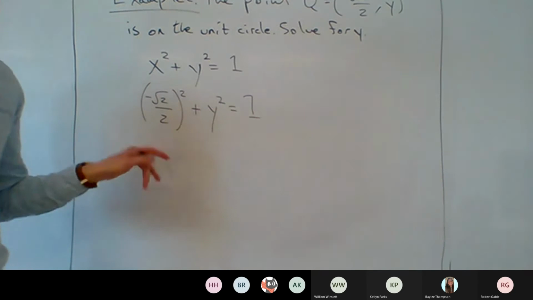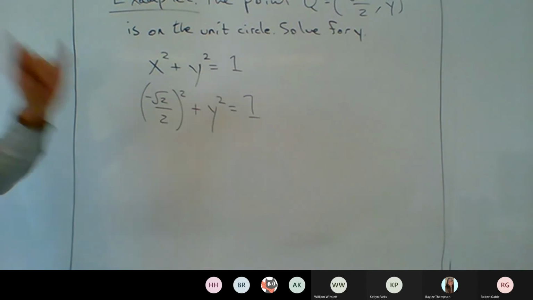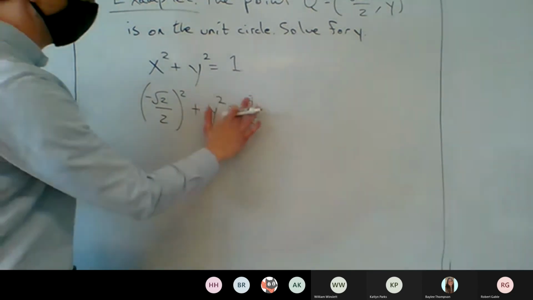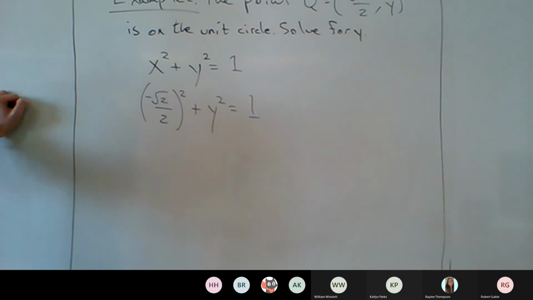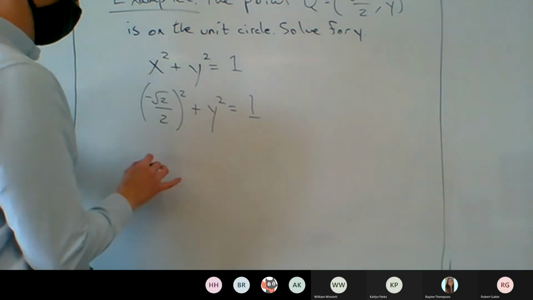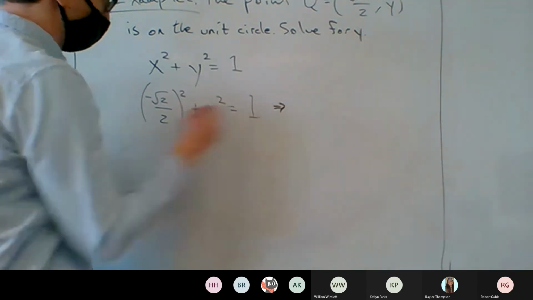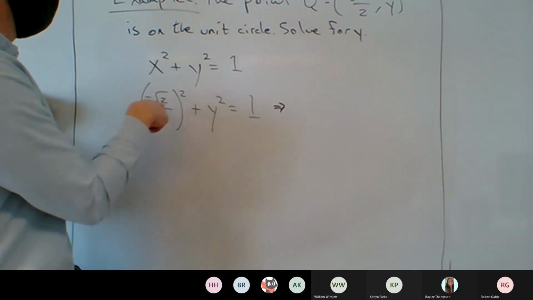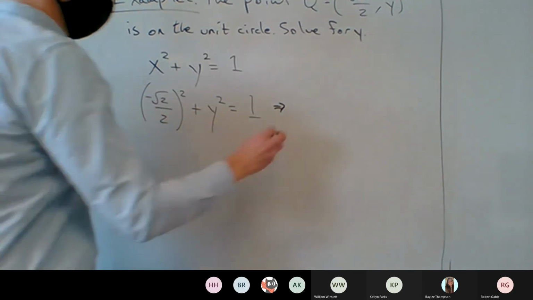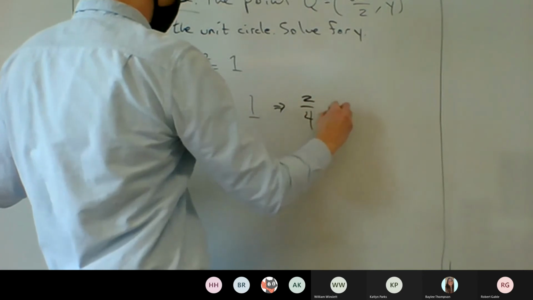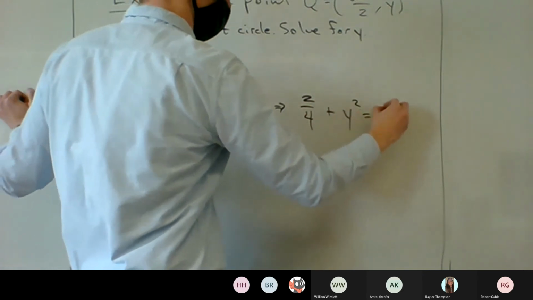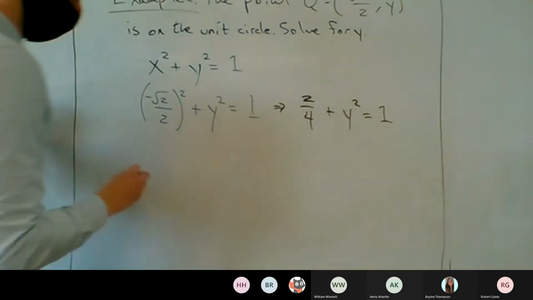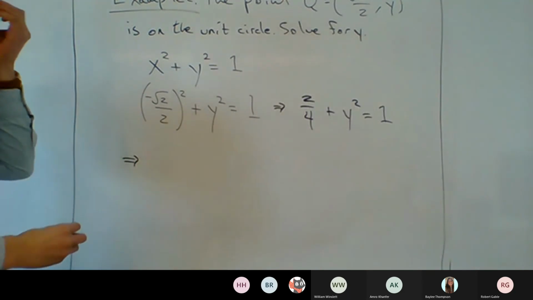So clearly I'm going to solve this equation for y. I'll square this, so the negative gets absorbed. Square root of 2 squared is 2 over 4, plus y squared is equal to 1.